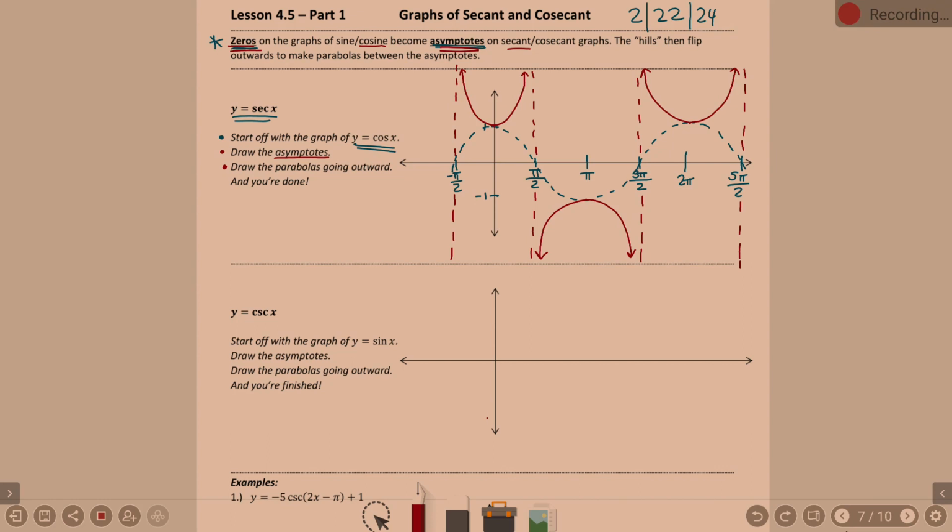Questions on secant? Do you always want to have like the 3? So, technically, what I'll be looking for is more like 2. Now, that will make more sense after we do our cosecant, which is based on sine. But if I want one cycle, right?